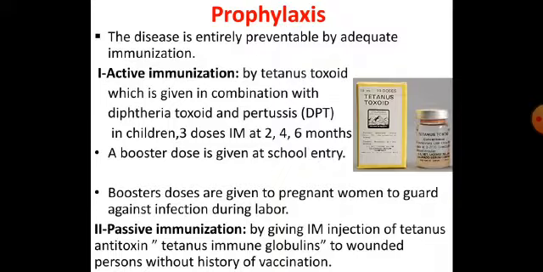The children take 3 doses intramuscularly at 2, 4, and 6 months. A booster dose is given at school entry. Also, pregnant women can take a booster dose to guard against transfer of infection during labor. Passive immunization is by giving an intramuscular injection of tetanus antitoxin to wounded persons without history of vaccination.